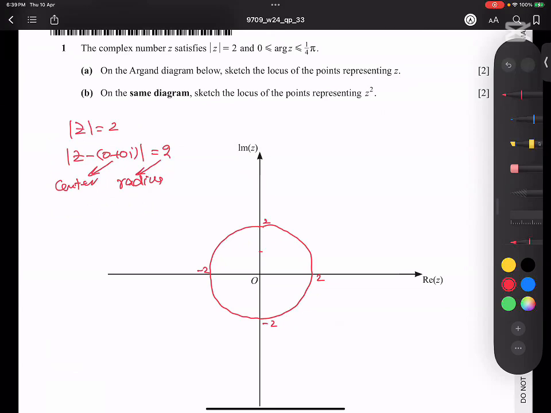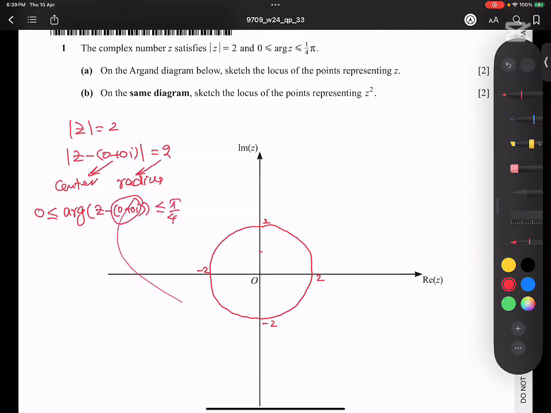This is done, but then he's saying at the same time the argument. Let me elaborate this point. The argument of z minus, in brackets, 0 plus 0 iota, is less than or equal to pi by 4.